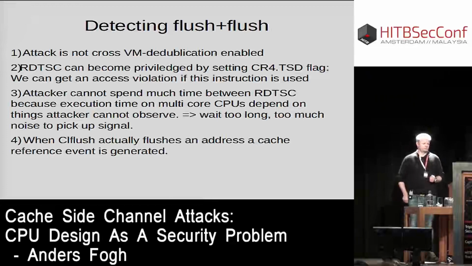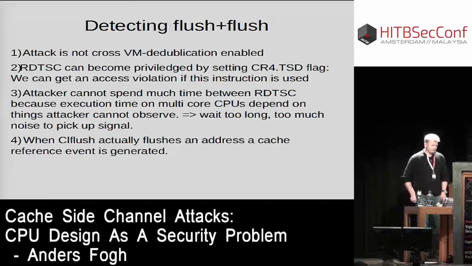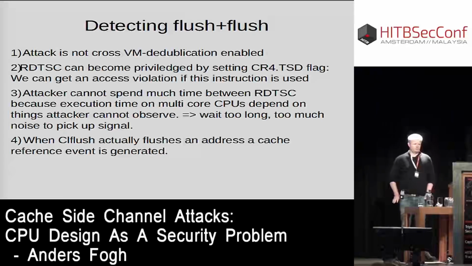Also, we need to talk about that the attacker cannot spend much time between the RDTSC, and that is because on multi-core CPUs, there's lots of things going on, and this adds noise to the channel.